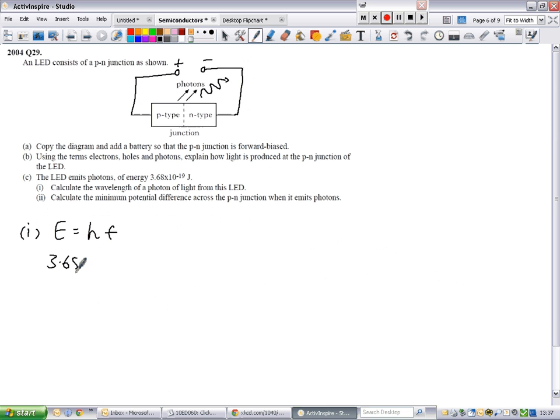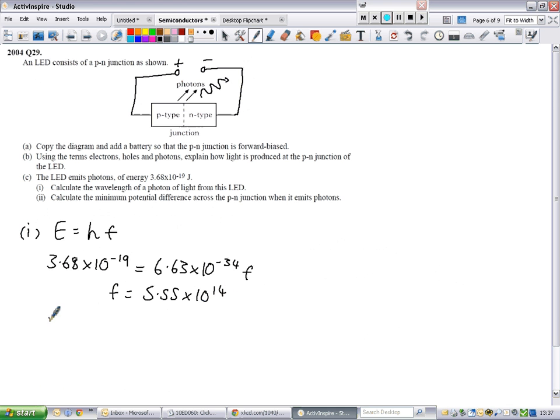So this is 3.68 times 10 to the negative 19, and that's equal to Planck's constant multiplied by frequency. Planck's constant you'll find from your datasheet at the front of the higher paper, multiplied by f. So you get a value of frequency that is 5.55 times 10 to the 14.